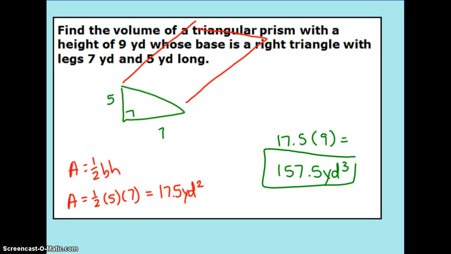And that is the volume of the triangular prism. You had to find the area of the base first. And the base was a triangle, so I used the area of a triangle formula, 1/2 base times height. And then I had to multiply it by the height of the prism in order to get the volume.